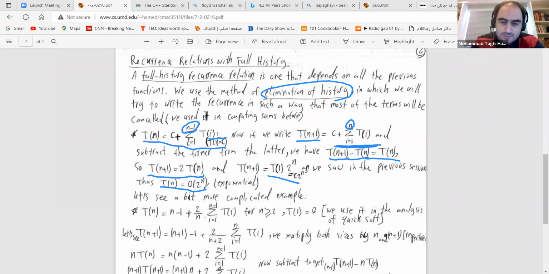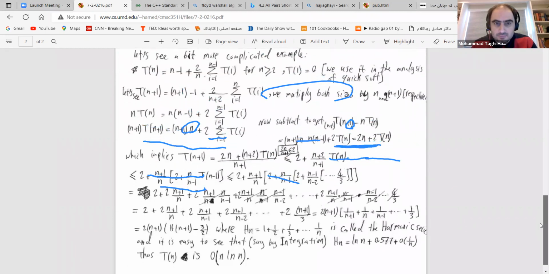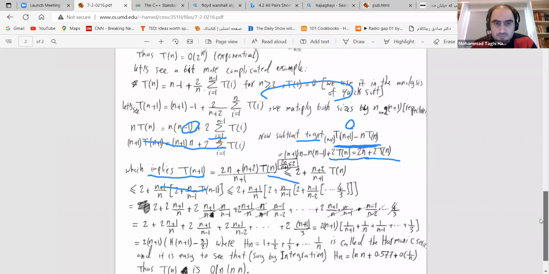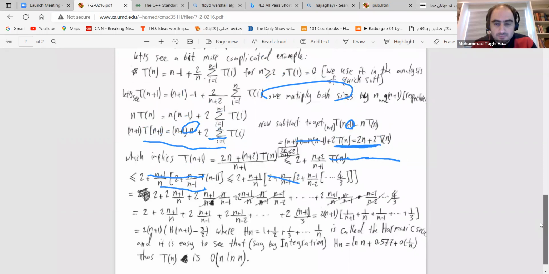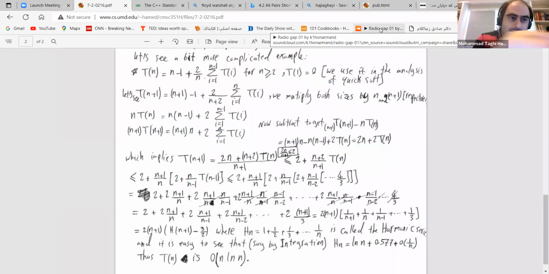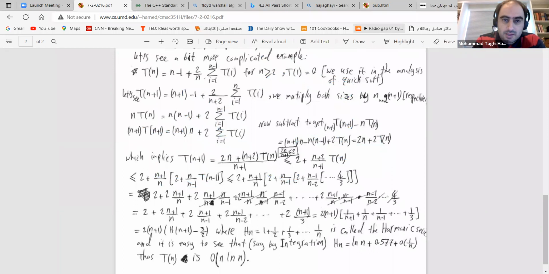Let's see another example, which is a bit more complicated, but it actually has applications. Let me clear everything. Yes, so let's see a bit more complicated example. This is the function that we have.